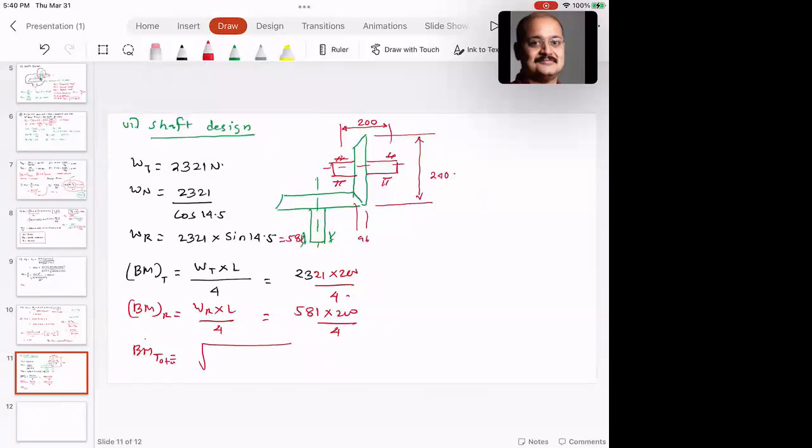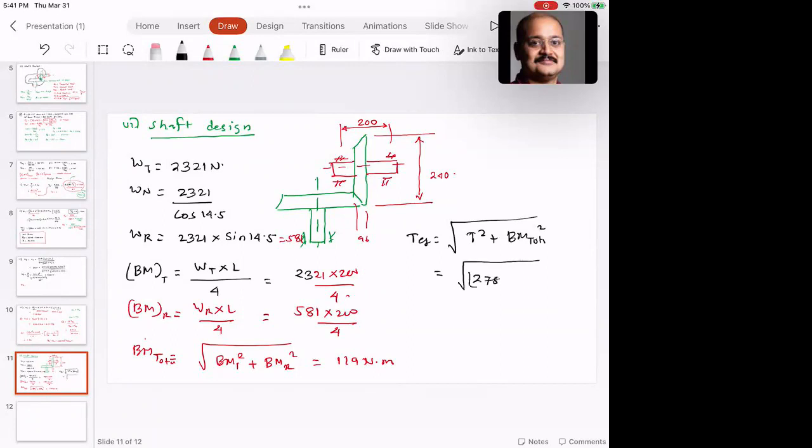And then Bm total is going to be the square root of Bm T square plus Bm R square. That gives you 119 Newton meter. Then T equivalent is equal to square root of T square plus Bm total square, which is square root of 278 square plus 119 square.